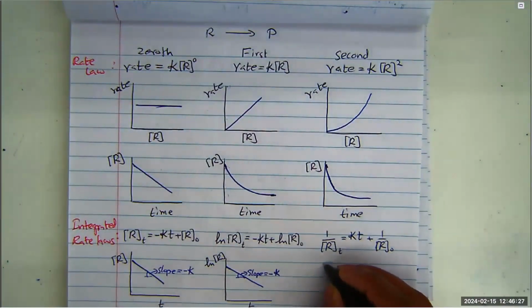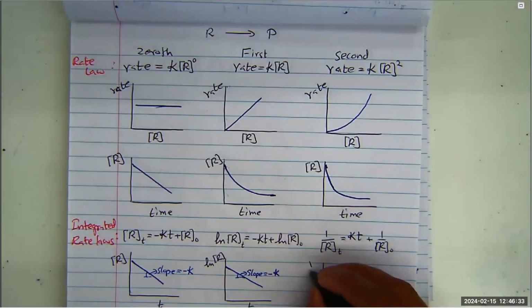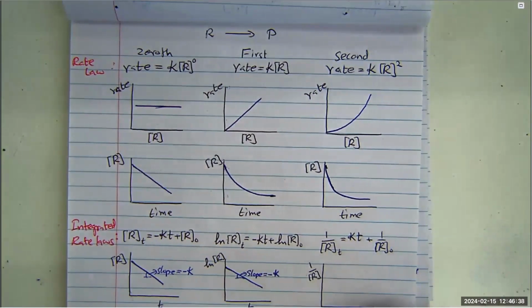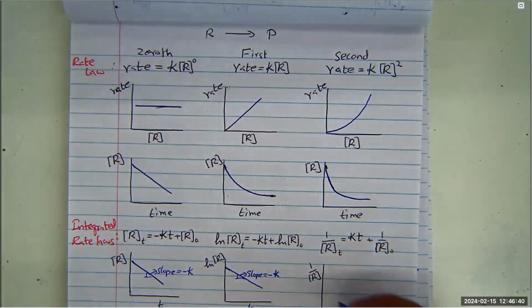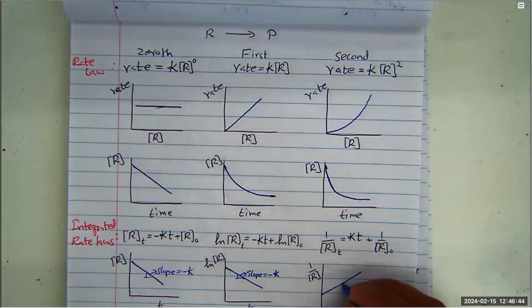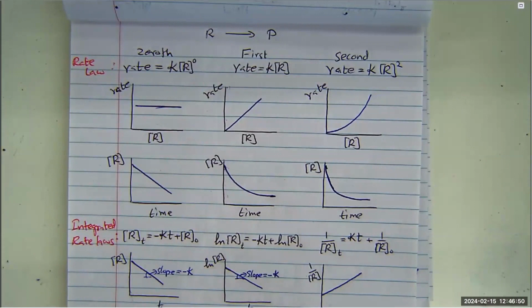Now, lastly, for the second order reactions, if you plot 1 over reactant concentration as a function of time, then you are going to get a linear graph, but this time we're going to have a positive slope. You see that we have a positive k value here, a positive slope here based on our derived equation.